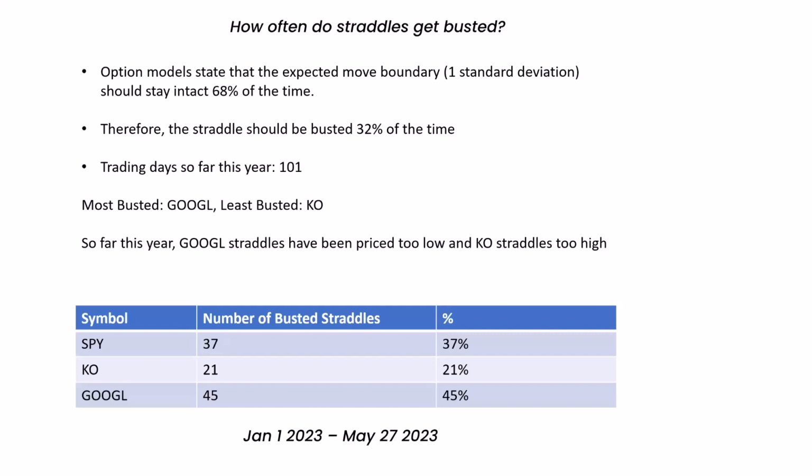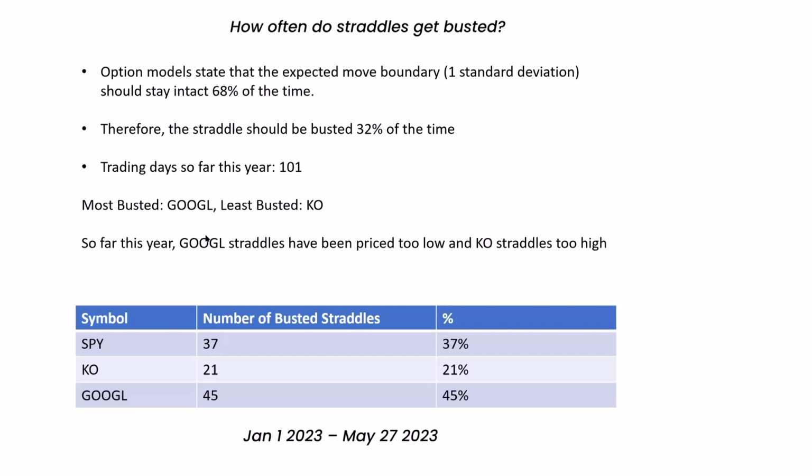The number of trading days so far in the year were 101. So it made it very easy to calculate a percentage. And it turns out that the straddle most busted, not in terms of how far busted it was, but in terms of number of days that the straddle was busted, was Google. And the least busted was Coca-Cola.